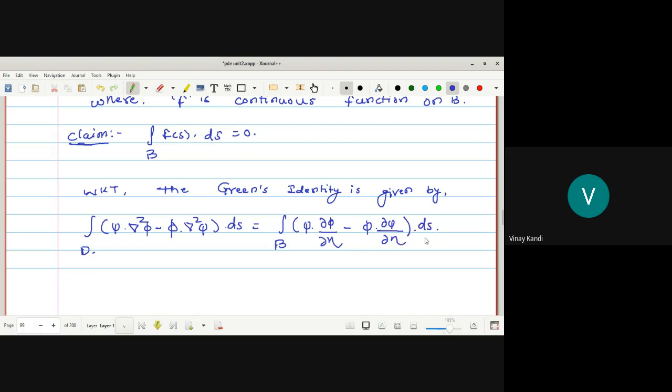Give it an equation number 2. So this is the Green's identity.